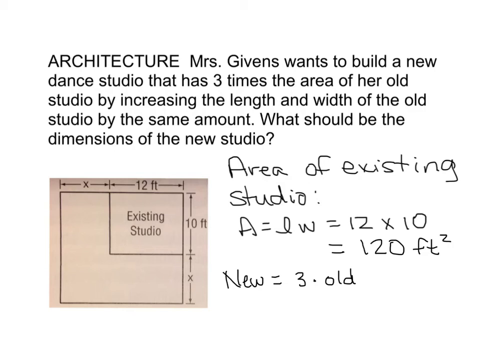So that's going to be 120 times 3, or 3 times 120. So the area of the new studio is going to be 360 feet squared. Go ahead and make sure you write this down. I'm going to need to erase that in just a second.